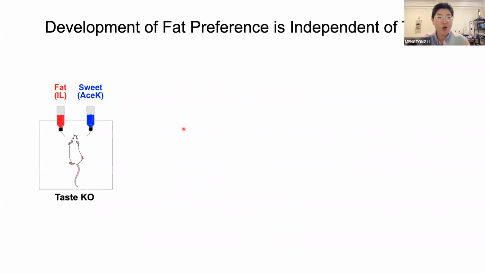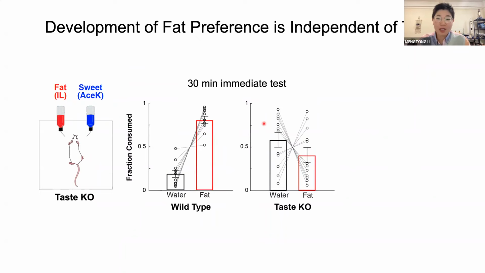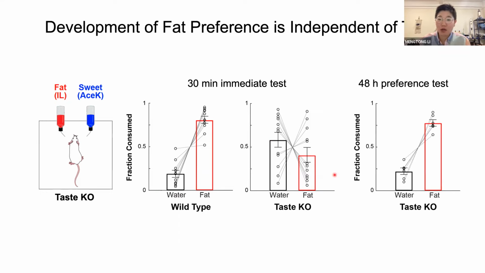Importantly, this unquenchable appetite for fat is independent of taste, because in the 30-minute immediate test, compared to the wild-type mice, the taste knockout mice can no longer distinguish the fat from water, so they consume randomly from either bottle. However, when we leave them there for another 48 hours, the taste knockout mice, although blind to the taste of fat, can still develop strong post-ingestive preference for fat.